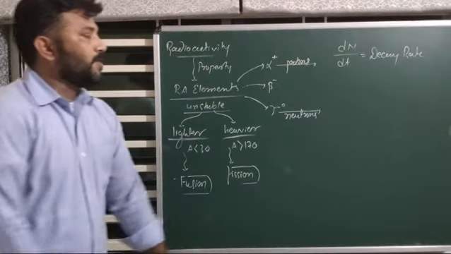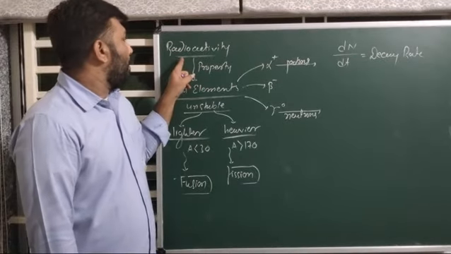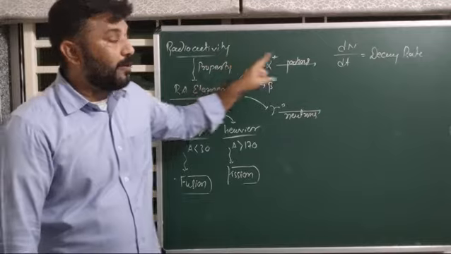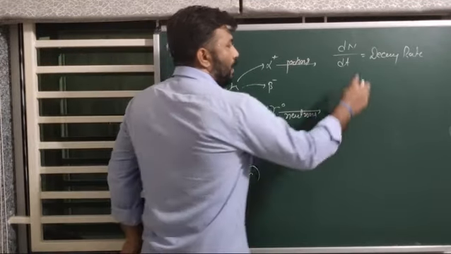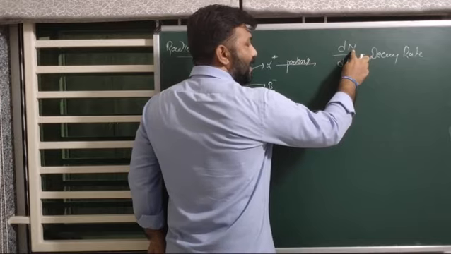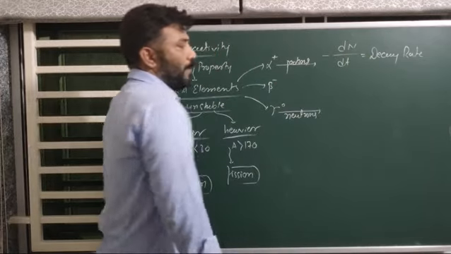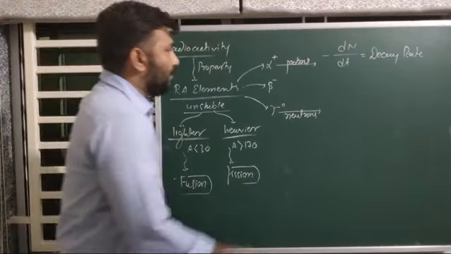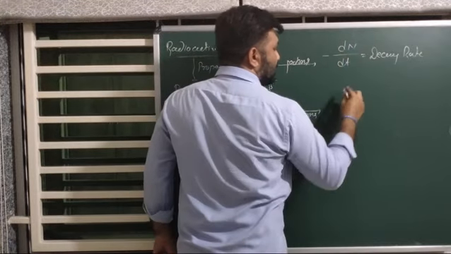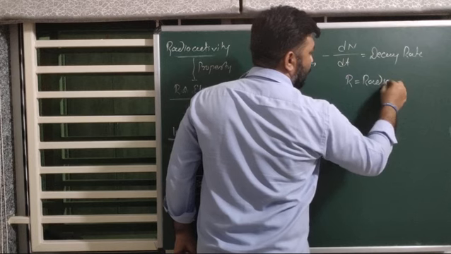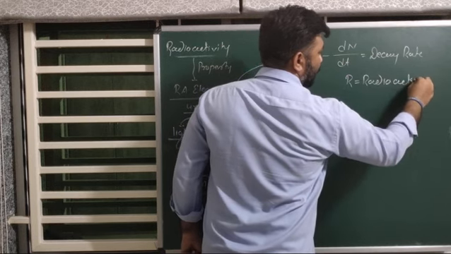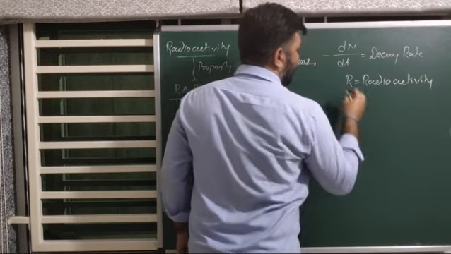Clear? So, it is the definition of radioactivity also, decay rate or radioactivity. As the number of nuclei decreases, it has a minus sign. And this term is known as R. What is R? R is nothing but radioactivity.